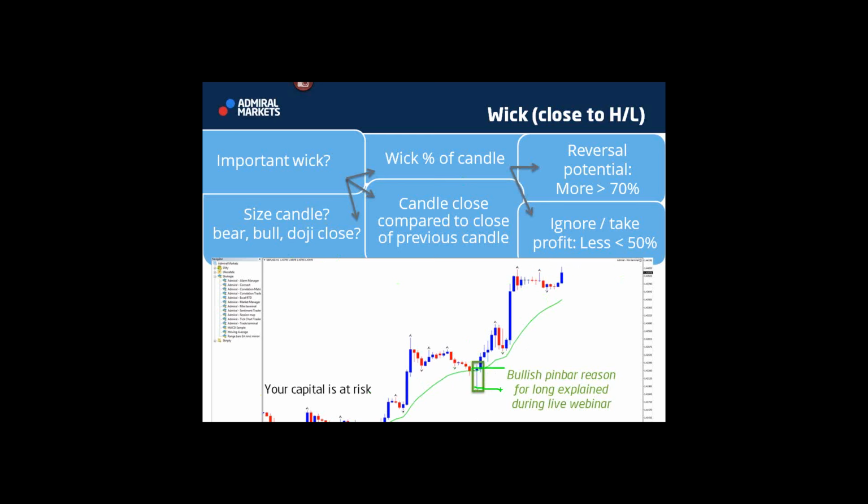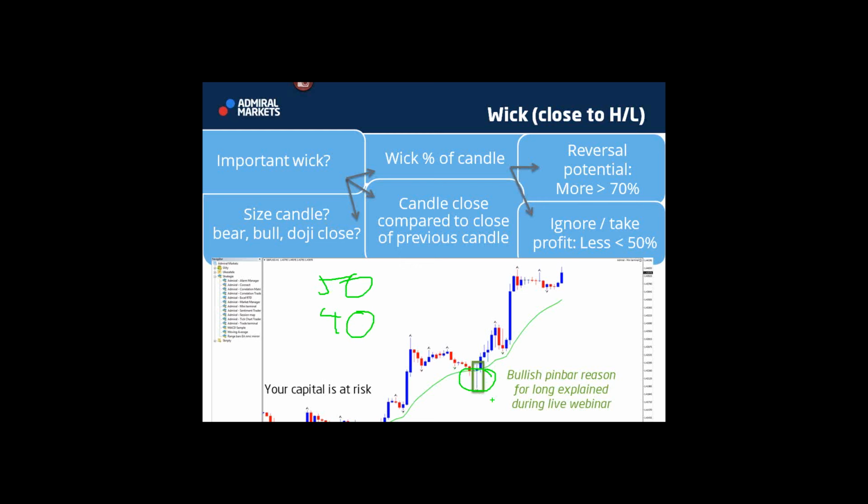With a bearish, a downward candle, with a wick on top, I would be looking for the opposite, of course, close minus high. So in this case, it looks like it was about 40 pips probably. So we have a 50 pip candle and a 40 pip wick right here at the bottom.